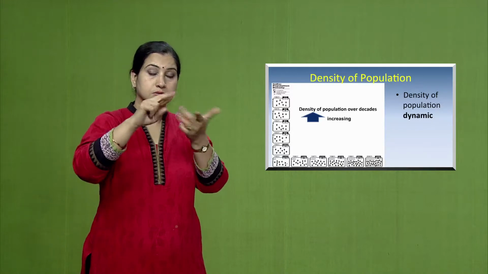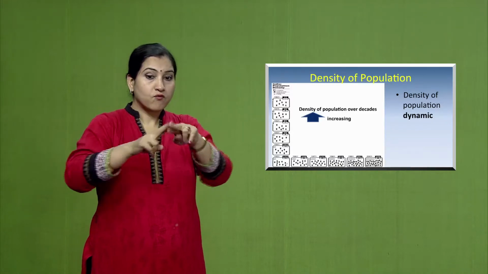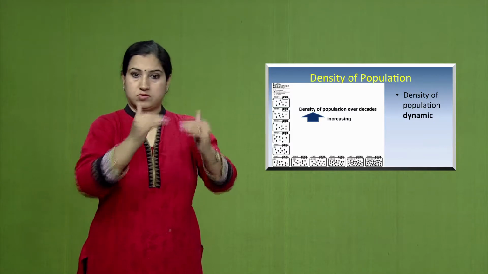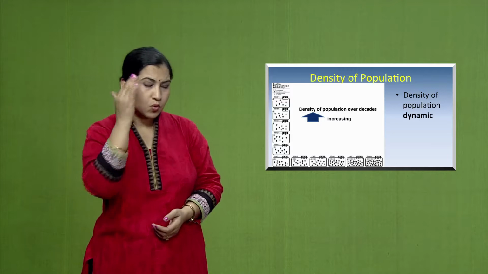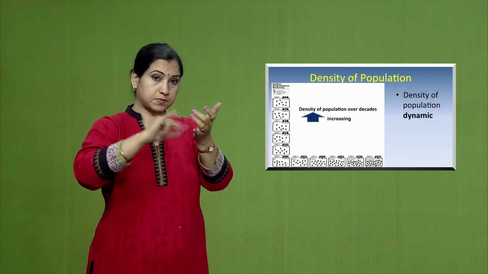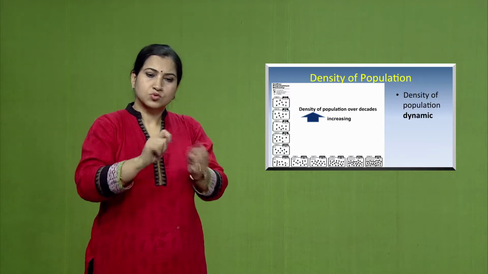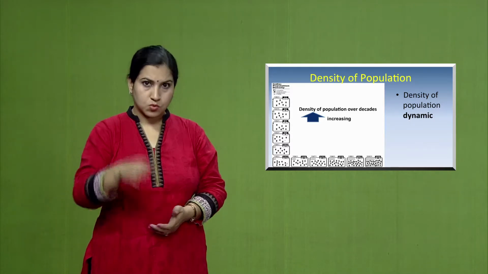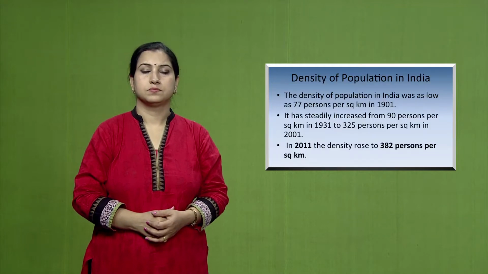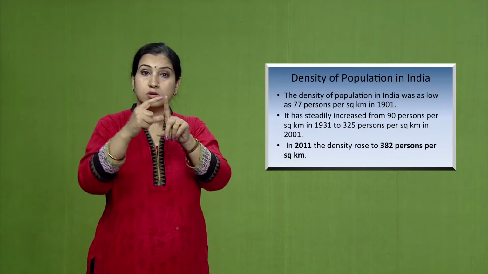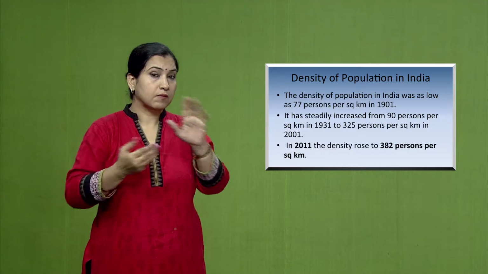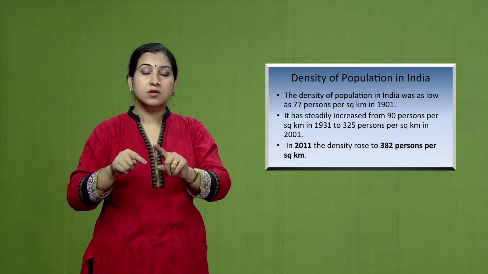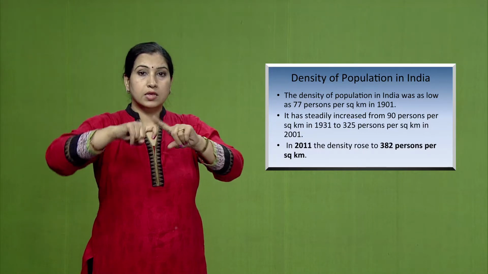Density of population is dynamic. Did you know that the density of population also keeps on changing? As you may find, the density of population in India was as low as 77 persons per square kilometer in 1901.